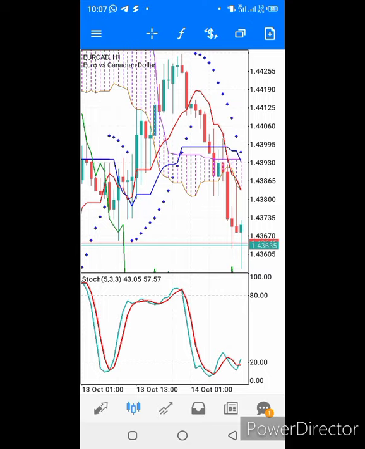That one is also indicating a sell signal. So you can see that we have three confirmations that if we sell at this point, we are going to be in profit. And as you can see, all the candlesticks are forming a downward trend. That's a perfect entry for a sell.